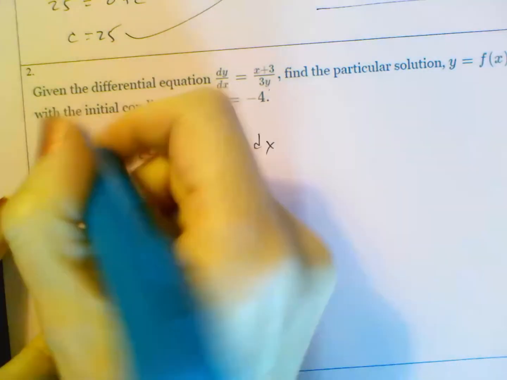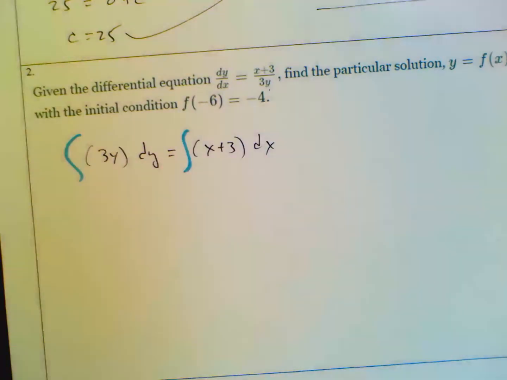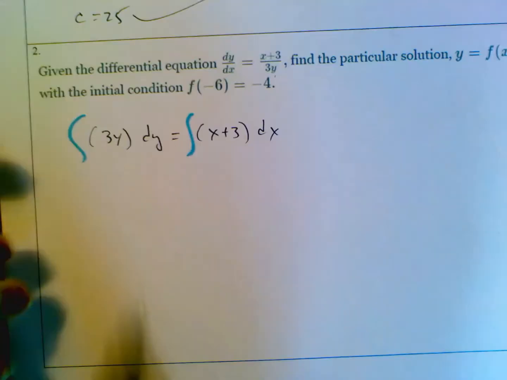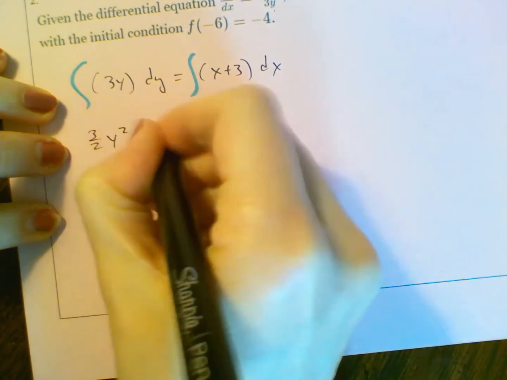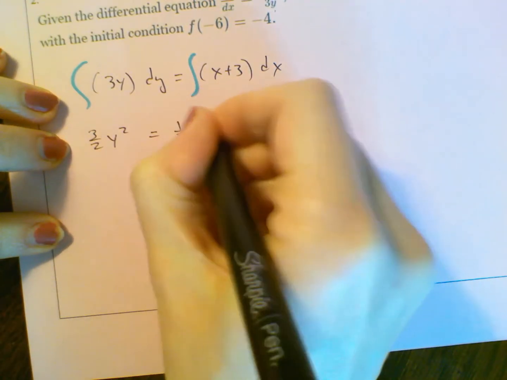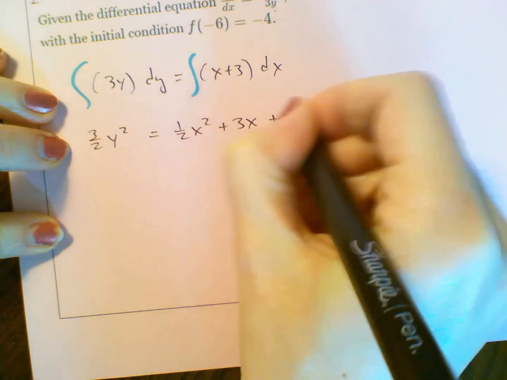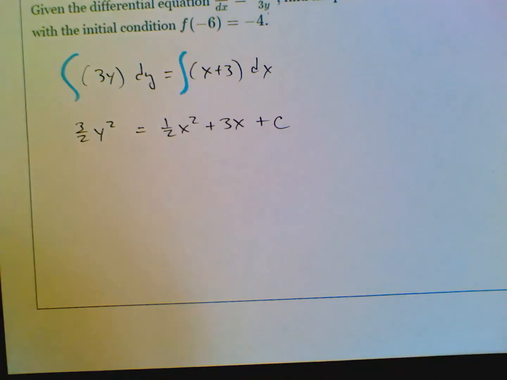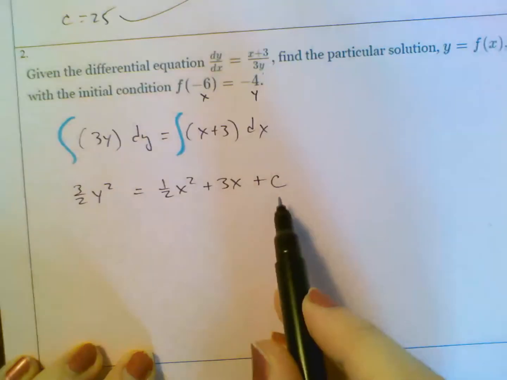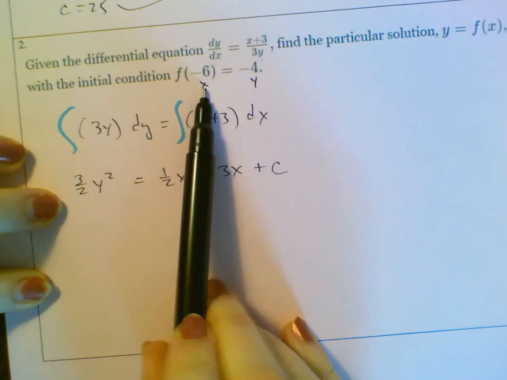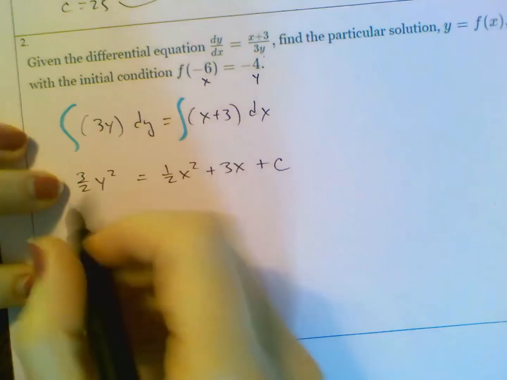So you have separated the variables: just y's, just x's. Now we do the integral on both sides, which is an antiderivative. This ends up being 3/2 y squared equals 1/2 x squared plus c. Now we're going to use the initial condition to find that c. So in for x is -6, in for y is -4.